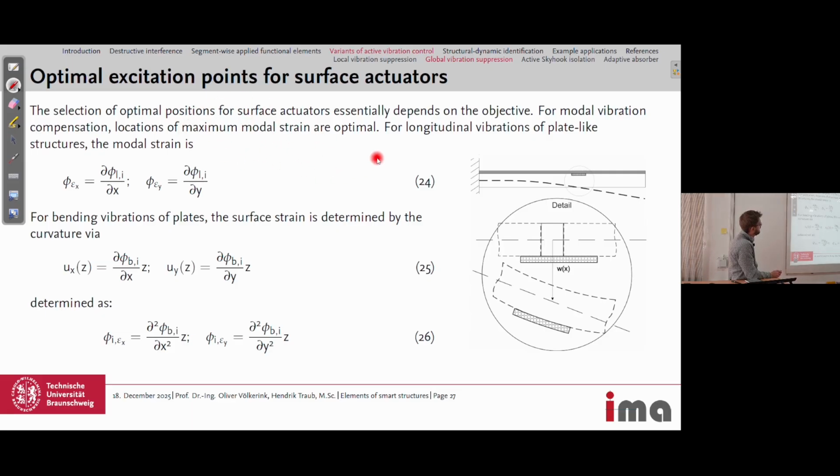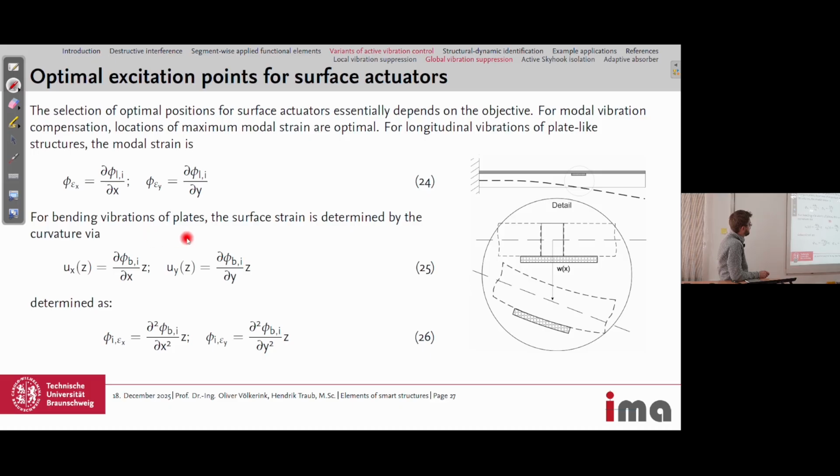So we can derive the eigenmodes with respect to space. If we have a plate, so this is not for a beam, but for a plate-like structure, 2 dimensions, x and y, then where these derivatives are maximum, these are the optimal excitation points for the surface actuators.